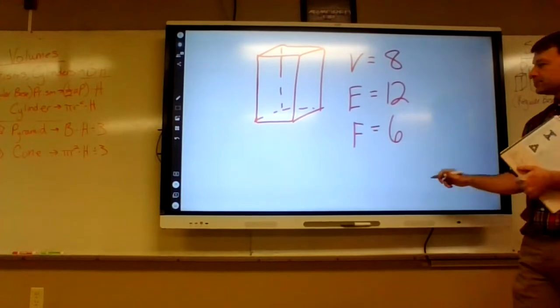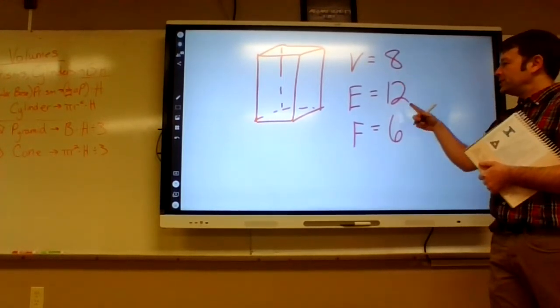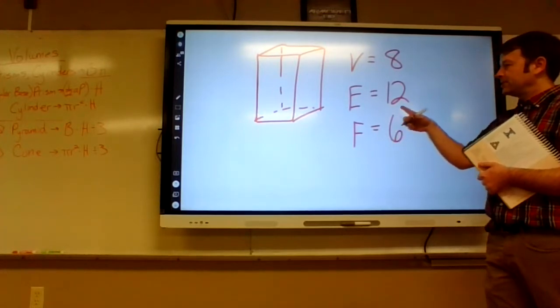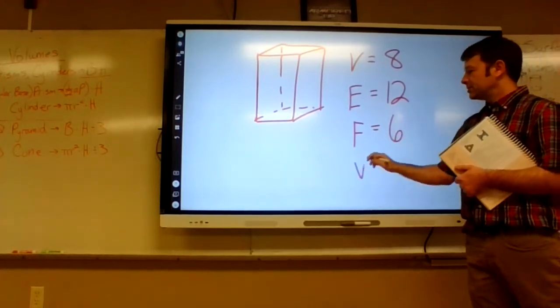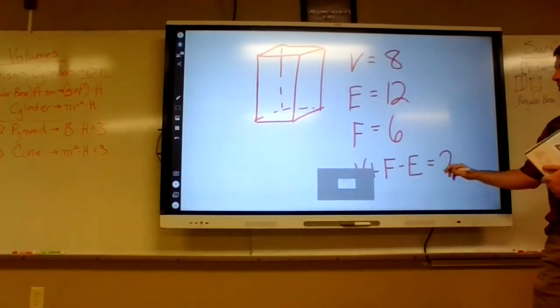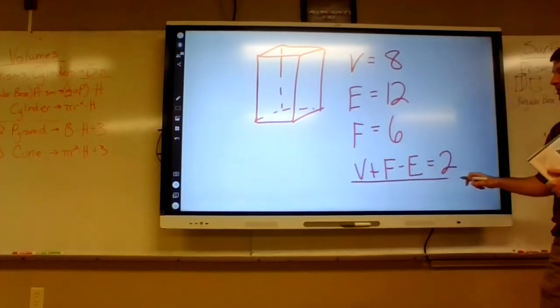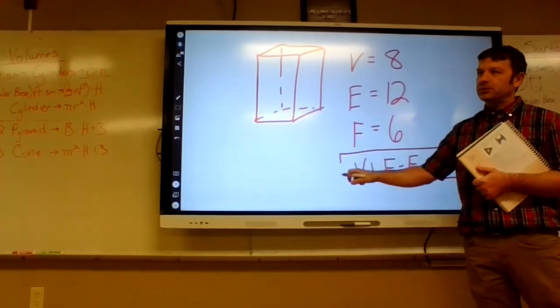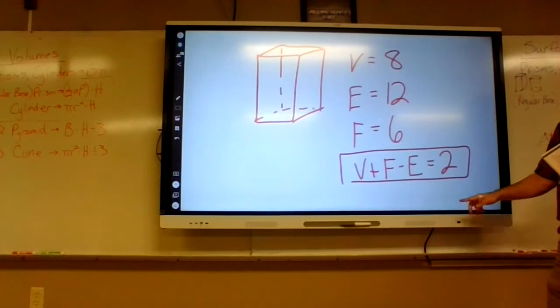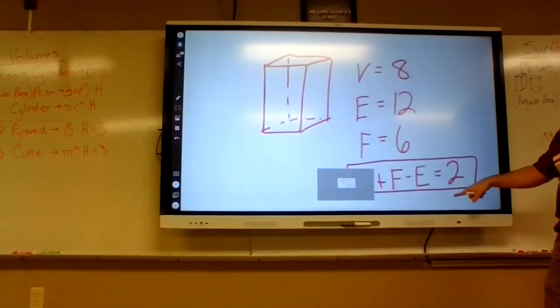Vertices plus faces minus edges equals what? 2. Every time, no matter what shape you use. By the way, you need this little formula to do number 2. We didn't have to write it for number 1, but number 2, you do need it.